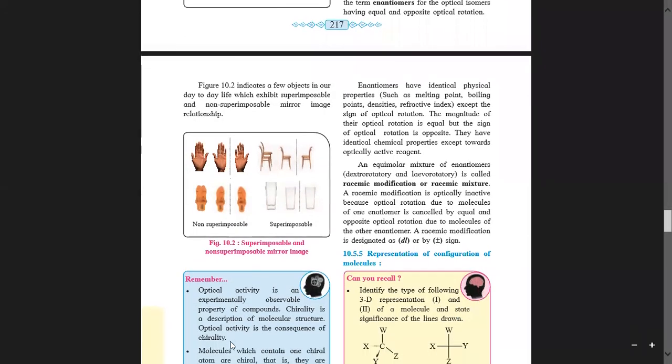Now, consider the non-superimposable mirror images. This is one example: this is the left hand and this is the right hand. If we take the mirror image and try to superimpose, then these are not superimposable.